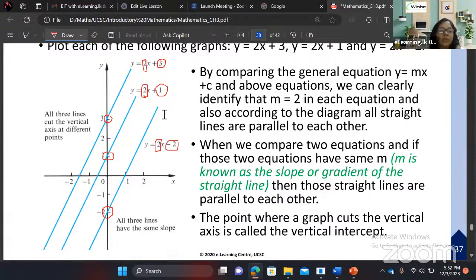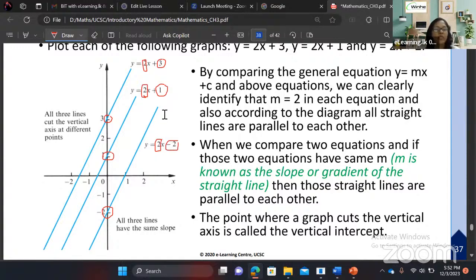If 2 lines are parallel to each other, that means the m of those 2 lines are equivalent, right? C can be changed. The crossing point can be changed, but if the lines are parallel, that means the slope of those equations are the same.